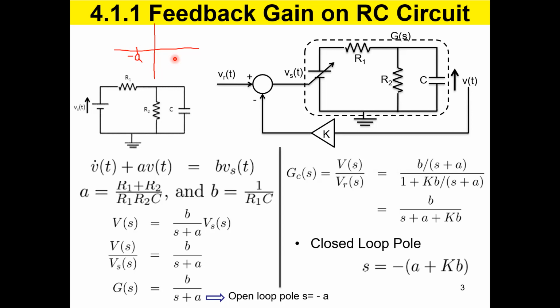Now this one might bring this pole to the right-hand side. If you pick up a negative gain, negative k, and it is big enough to make this whole thing positive, then you have a pole over here. Unstable case. So we'll look at that.